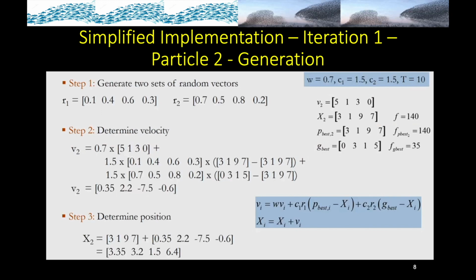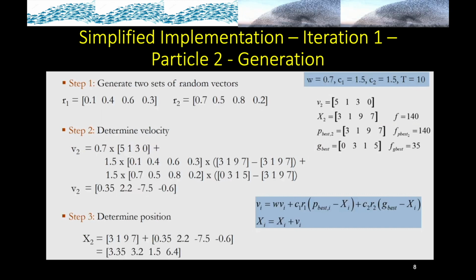For particle 2, we'll need to repeat the same process that we repeated for particle 1 in iteration 1. What we have now is the random velocity vector v2, which is 5130. We have the current position of particle 2, which is x2, which is 3197, and it has a fitness value of 140.